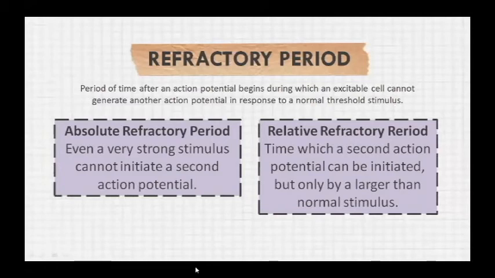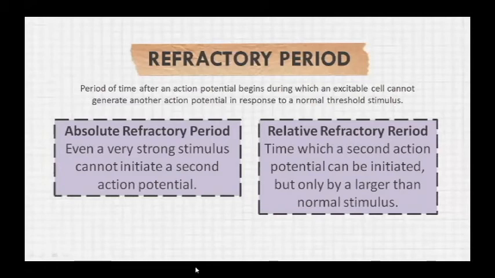However, in the relative refractory period, you could produce a second action potential when there is a suprathreshold stimulus, or a much larger and stronger stimulus than the normal threshold. But after that second action potential, you could no longer produce another action potential.